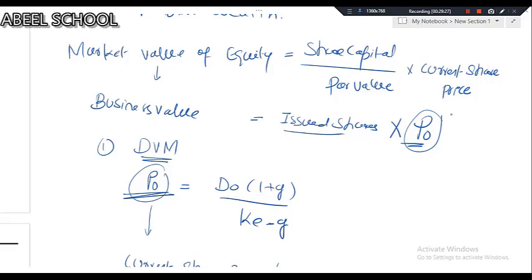But if the question says A Limited is a private company, it does not have the P naught, because a private company is not listed on the stock exchange. Which means that if I come across a question of a private company, I have to calculate P naught. But if I'm solving a question of a listed company, then I'll be given the P naught.